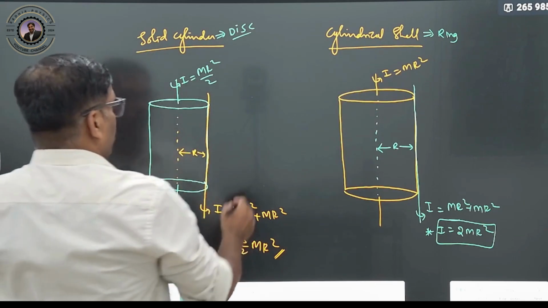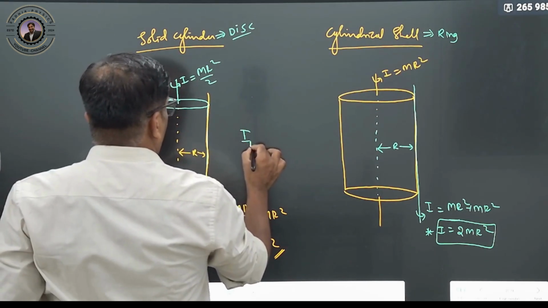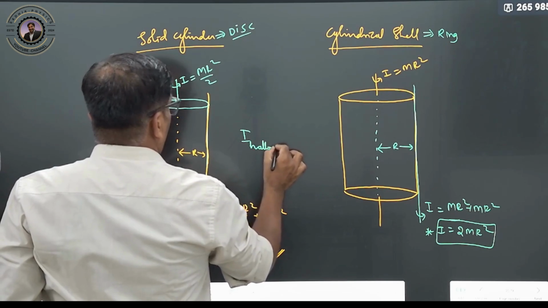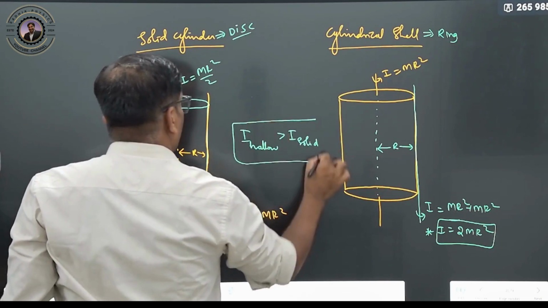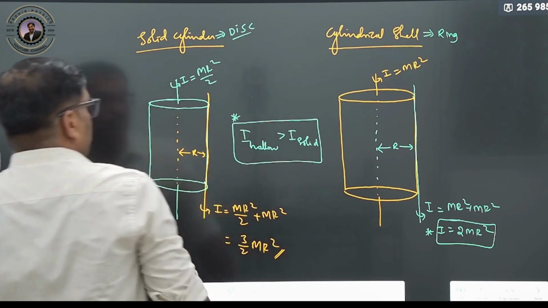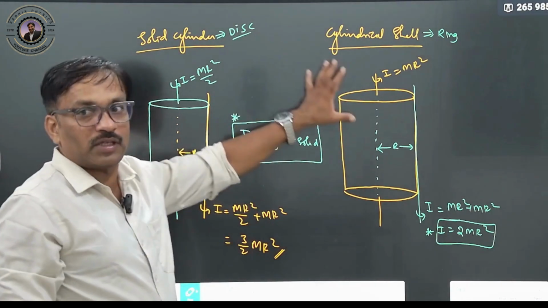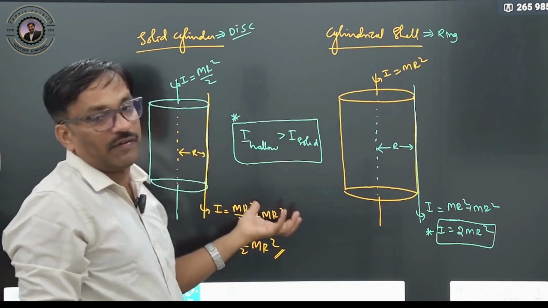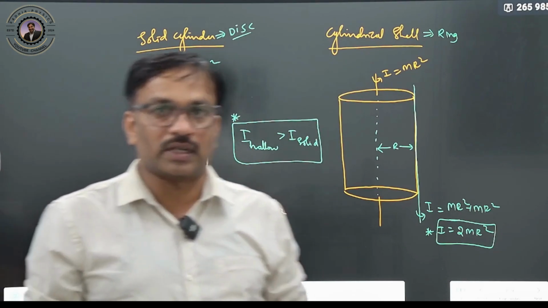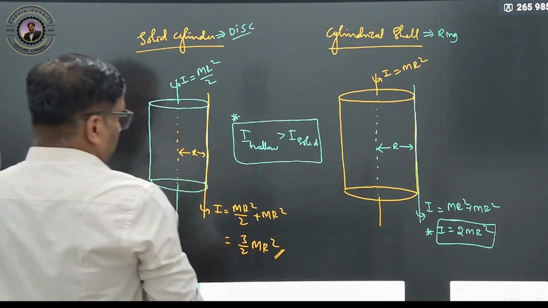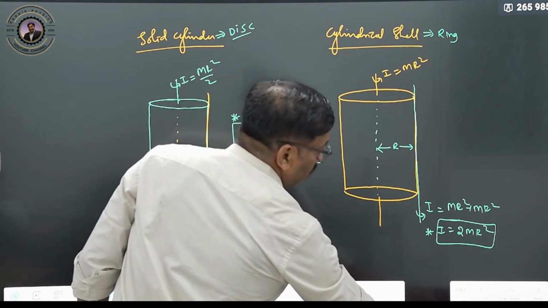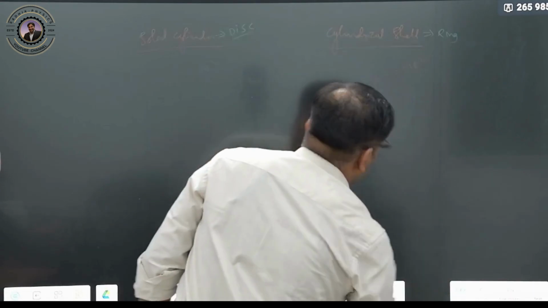Therefore the moment of inertia of the hollow part will be greater than the solid part, provided that mass and radius are the same. That means rotation of hollow objects will be slightly difficult, and rotation of solid objects can be slightly easier. The moment of inertia for the hollow part is slightly heavier.